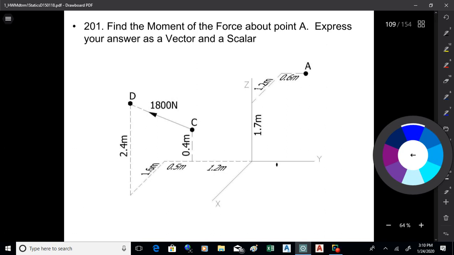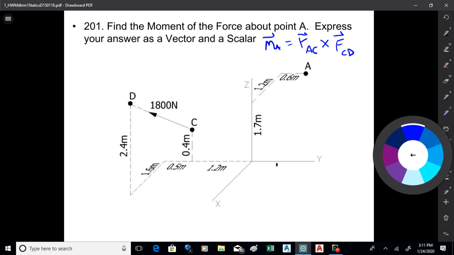So you're going to get the moment about A on this is equal to R, and I used AC, and you cross it with the force vector that goes from C to D. So you start with that.